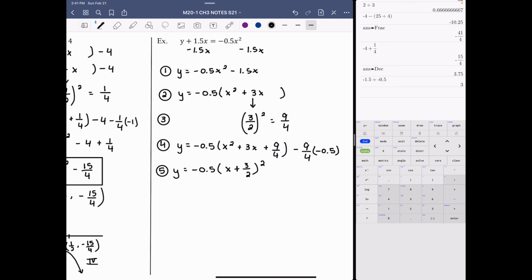Then the outside, negative fraction 9 over 4, times negative 0.5, gives us 1.125, as a fraction, that is 9 over 8.